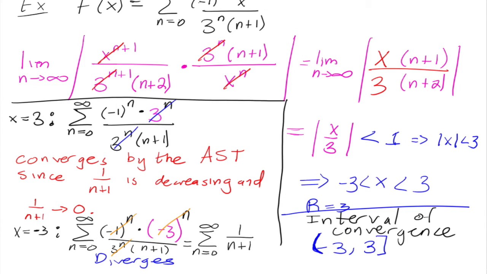This one diverges because it's very similar to the harmonic series, right? So you can do any of the comparison tests, integral test, or pick your favorite. Pretty much any one of them would work. And so then you can write down your interval of convergence.